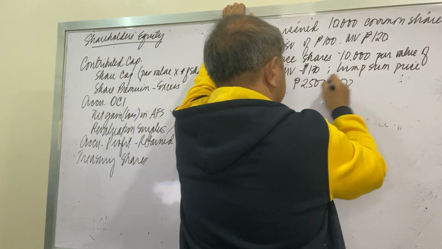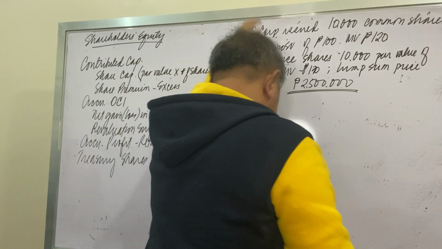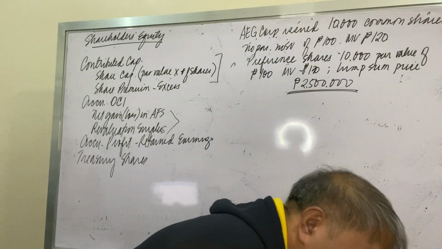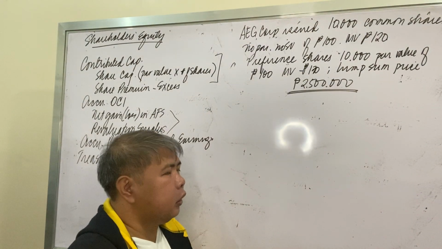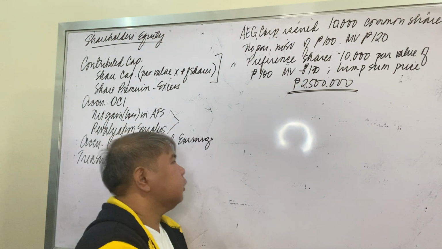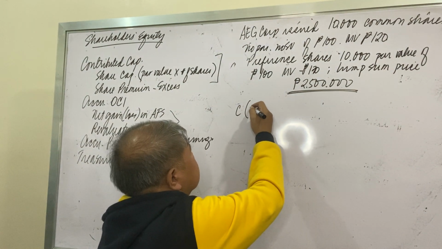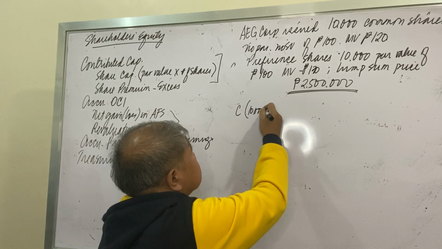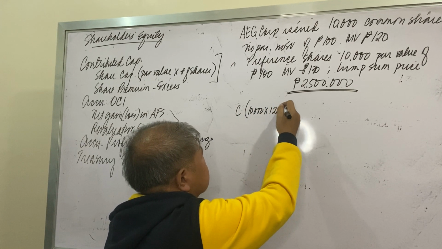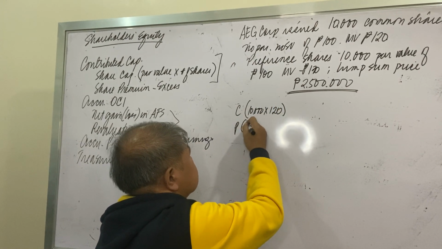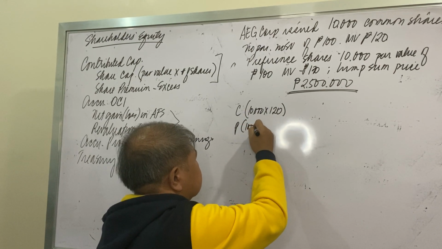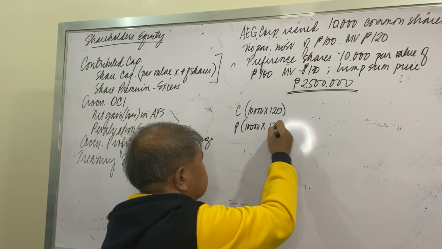So this is the total consideration. We are going to allocate the 2.5 million to the common shares and the preference shares. Common is 10,000 shares times 120, and the preference shares is 10,000 shares times 130.